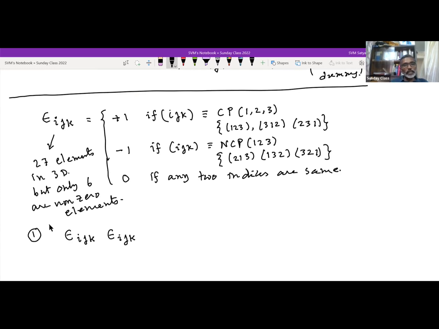Here, all the 3 indices ijk are dummy. So what do you think this is? Epsilon ijk multiplied by epsilon ijk, what is that equal to? 0, sir. Why is it 0?